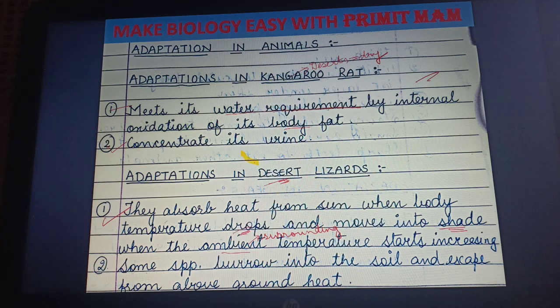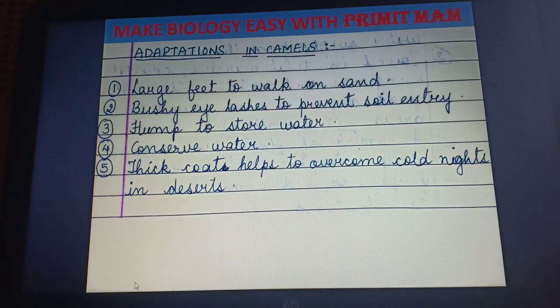The second adaptation is that some species burrow into the soil and escape from the above ground heat. They go deep into the soil and escape the heat. This is the behavioral change which is observed in the organisms.